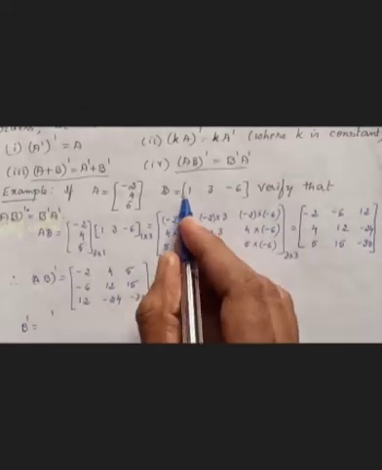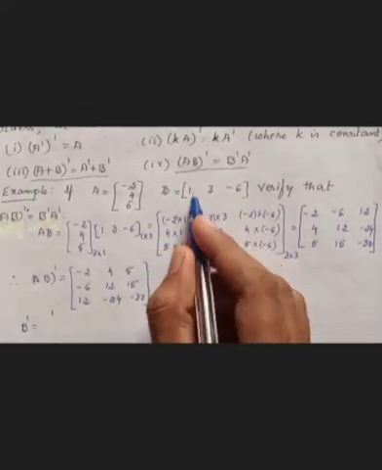Now we have to find B' into A', right? First find out what B' is. This is the matrix B, with only one row and three columns.